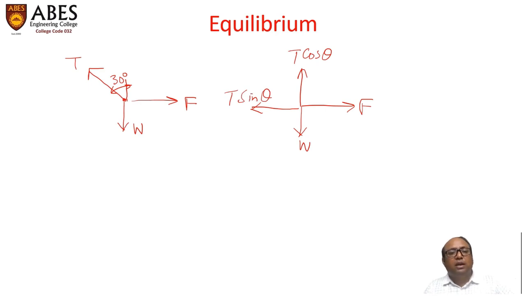Component is always cosine, remember, because we are working in a rectangular or Cartesian coordinate system. The trigonometrical consequence leads to a component of sine theta.